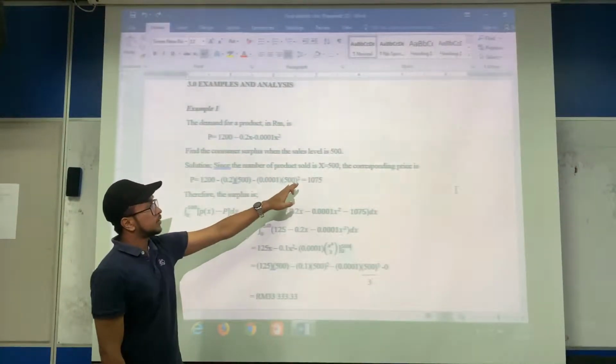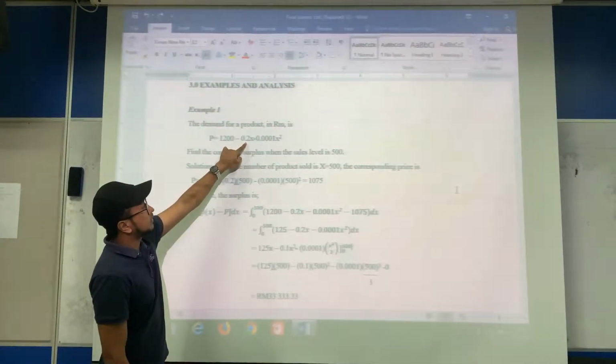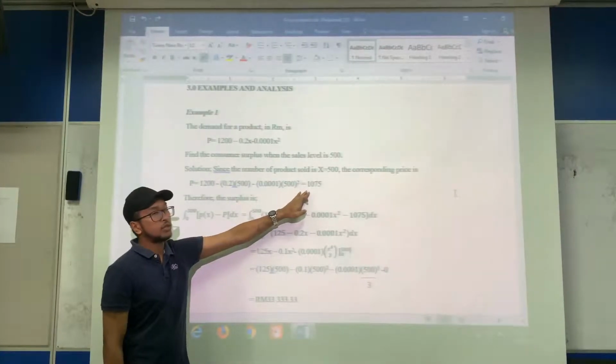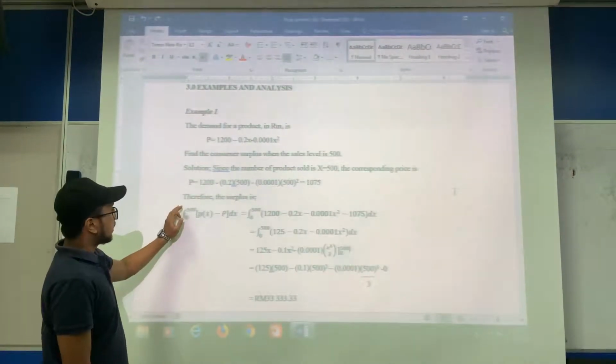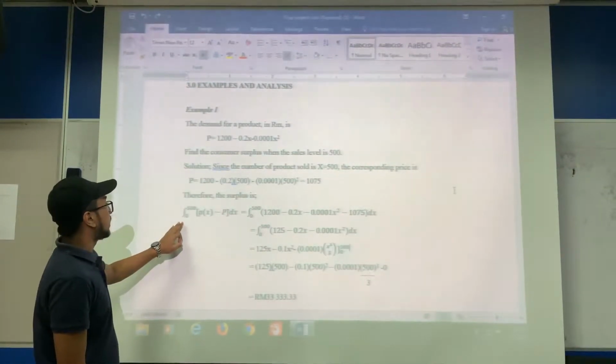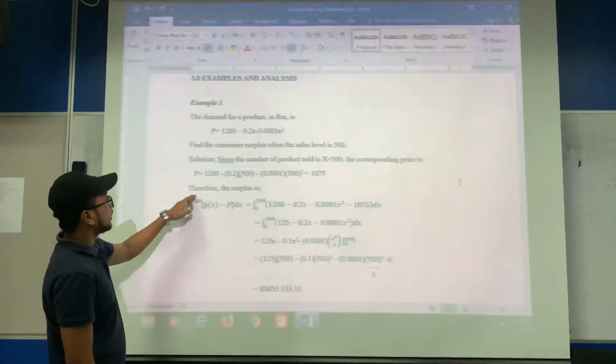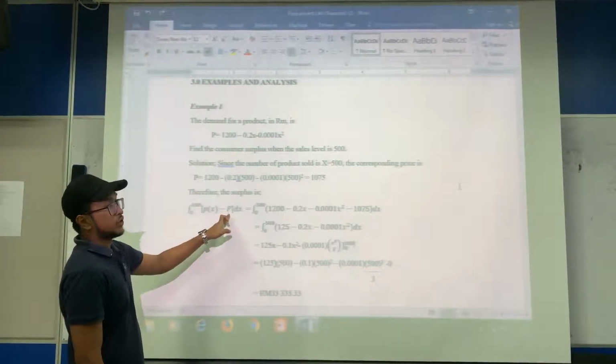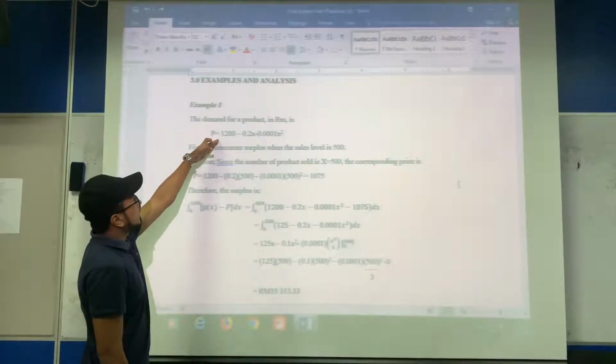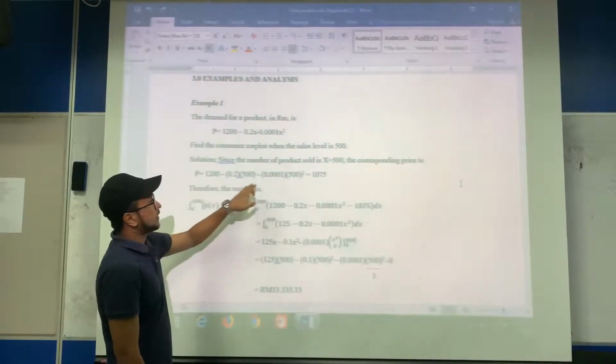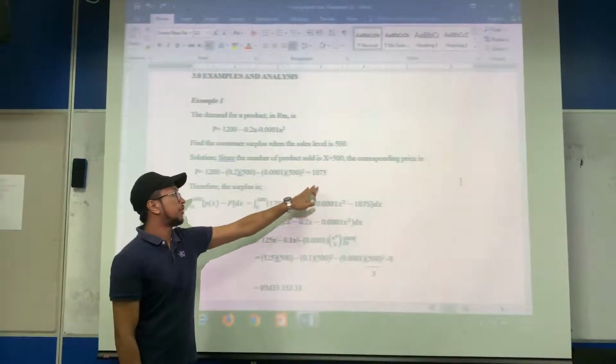which equals 1075. We substitute the 500 into the function, so we will get 1075. Therefore, to find the surplus, we need to integrate 0 to 500 of P(x) minus P, where P(x) is the function and we minus the P we substituted, which is 1075.